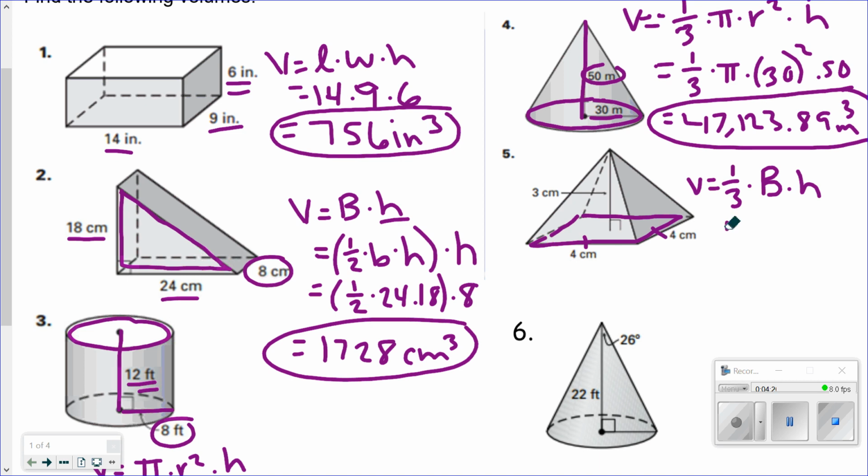So when we find the area of a square, we know we're doing length times height, so it would be 4 times 4 here. And then the height of this pyramid is 3, so multiply that by 3. Plug that right into your calculator, and we get 16 centimeters cubed.